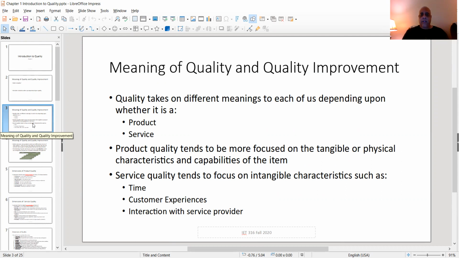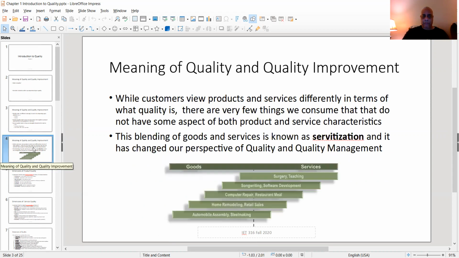Product quality tends to be more focused on the tangible or physical characteristics and capabilities of the item. Service quality tends to focus on intangible characteristics such as time, customer service, and interaction with the service provider.